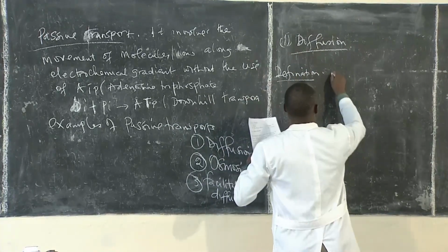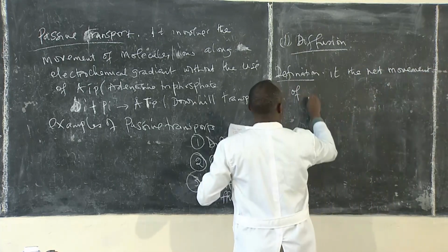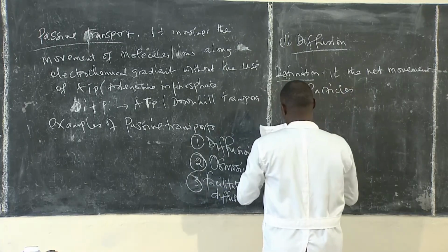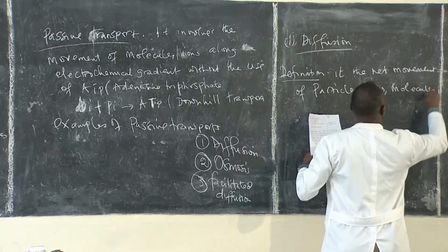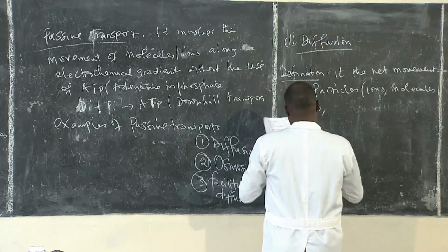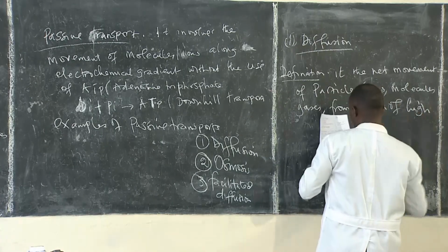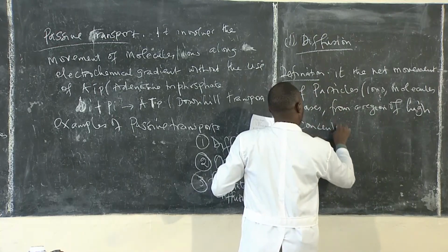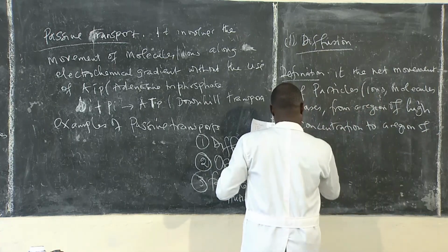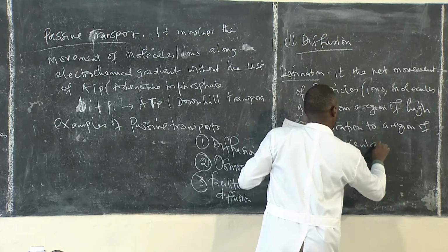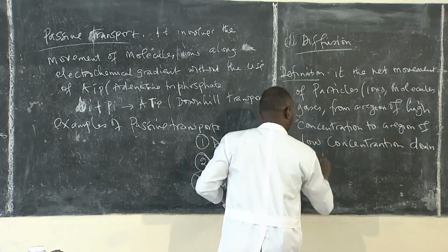Say it is the net movement of particles, let's say we have ions, we have molecules, we have gases, from a region of higher concentration to a region of lower concentration, down the concentration gradient.